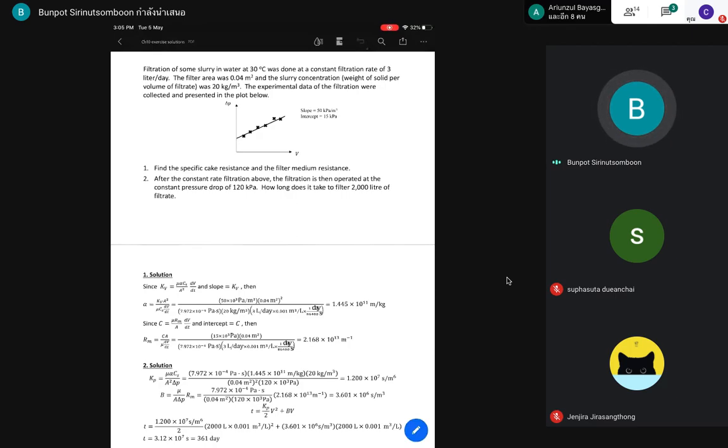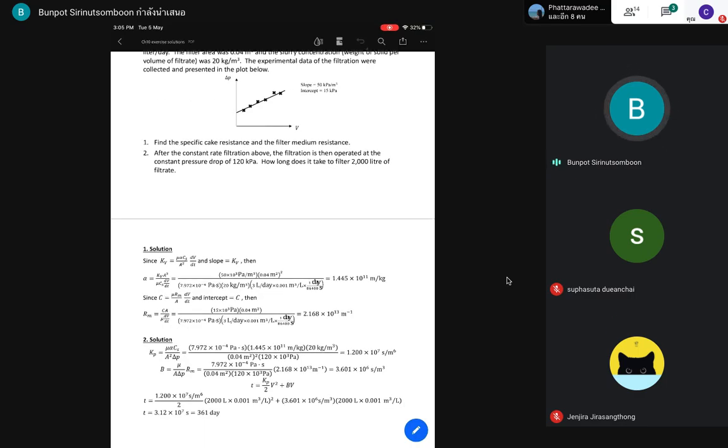The material of the cake and the material of the filter is still the same, so alpha and Rm are still the same because they are properties of the materials. So we can use the same values of alpha and Rm in the second problem calculation.